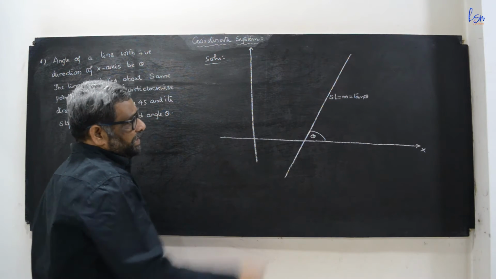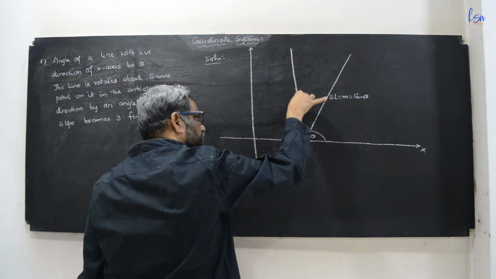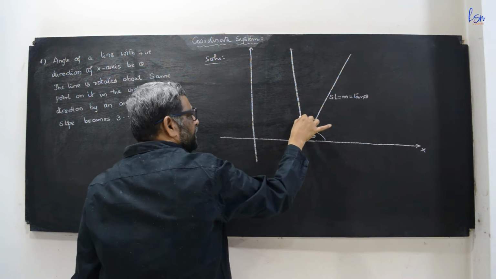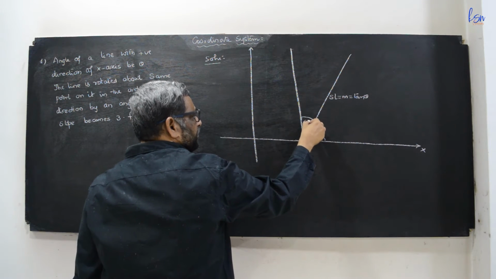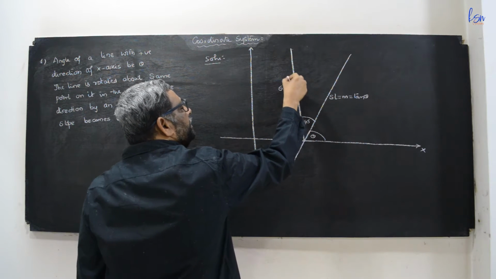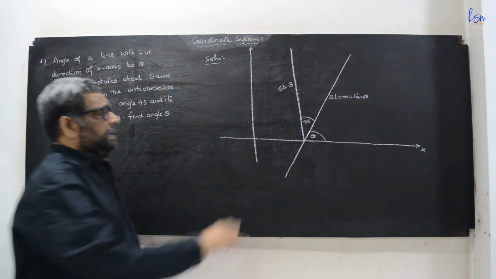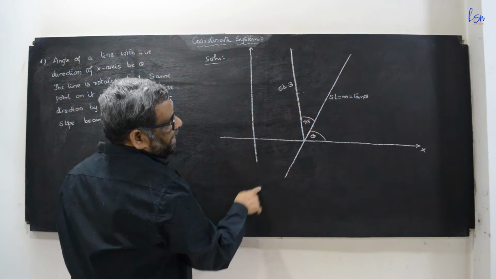This line is rotated by 45 degrees about the same point. Its slope is given to be 3. Now the complete angle is 45 plus theta.